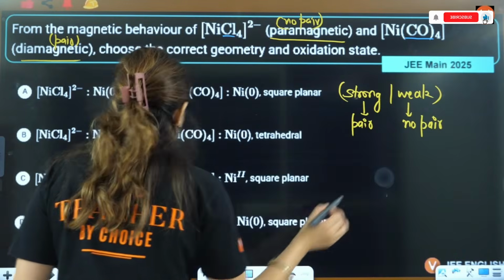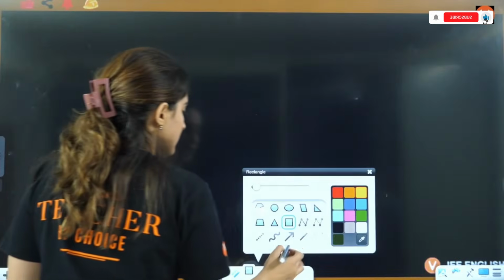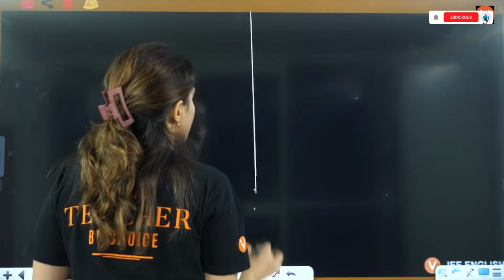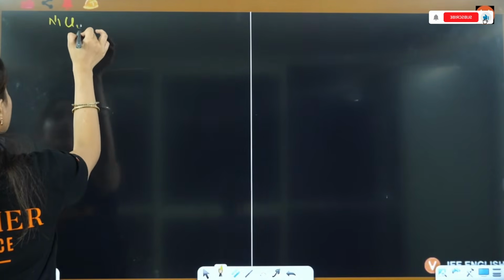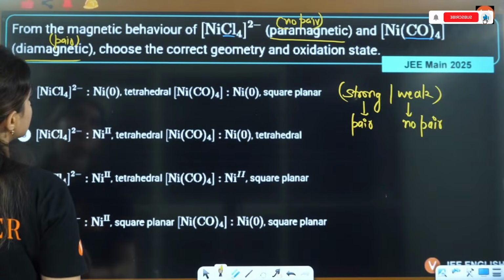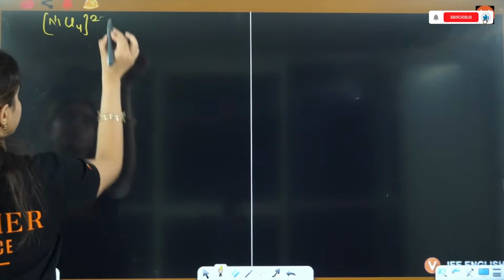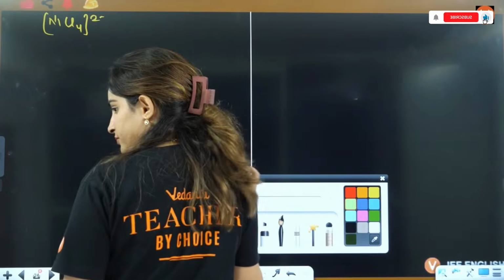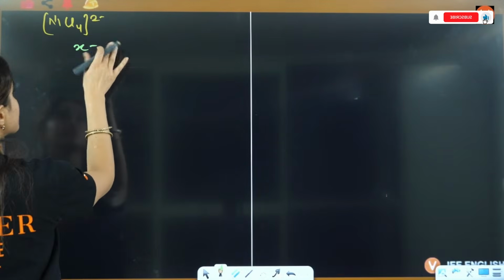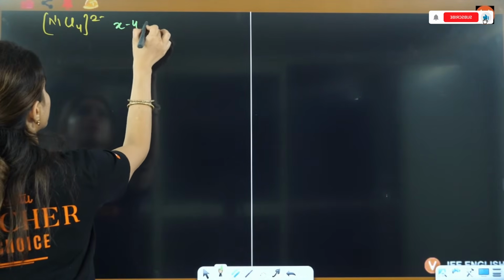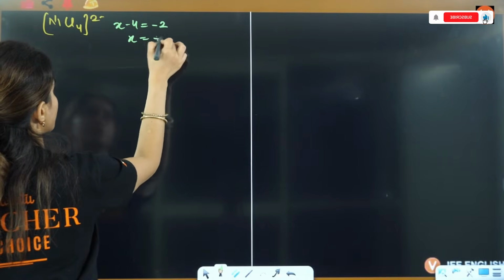So how do you do it? First thing is, let's say this is NiCl4, and this is 2 negative. Here the oxidation state of Ni is X. First we calculate oxidation state. X minus 4 is equal to minus 2, X is equal to plus 2.